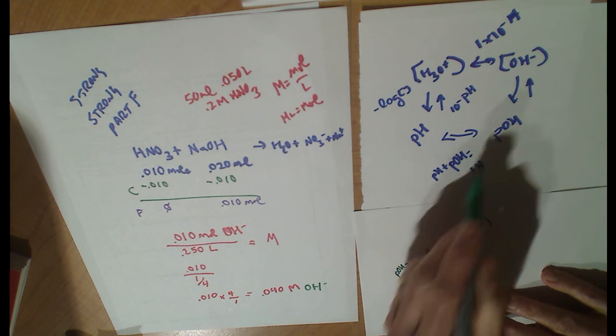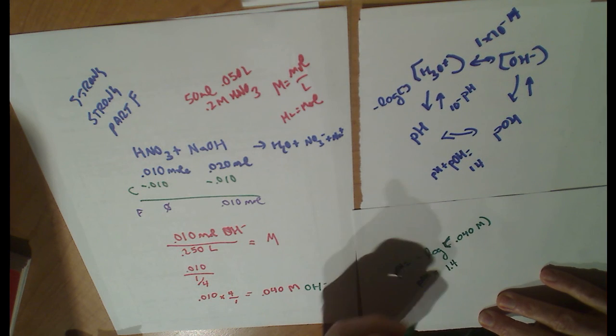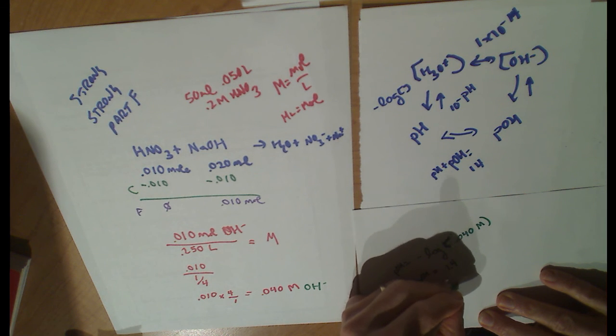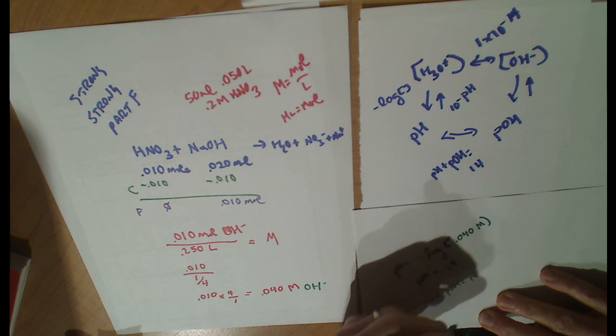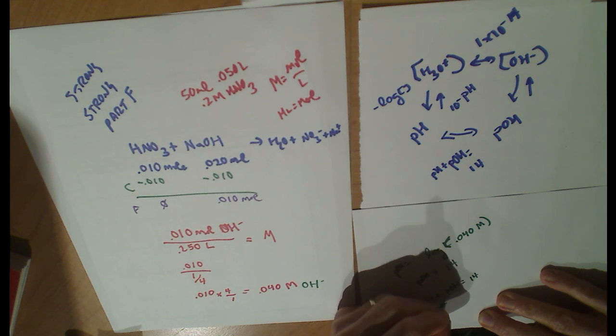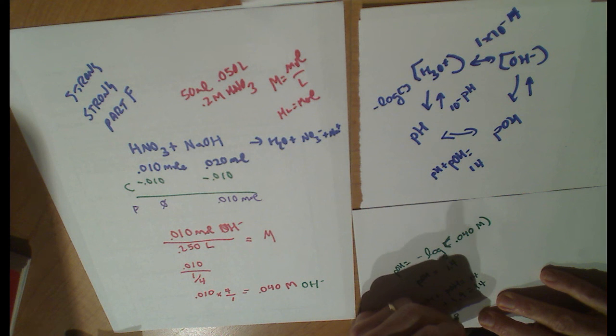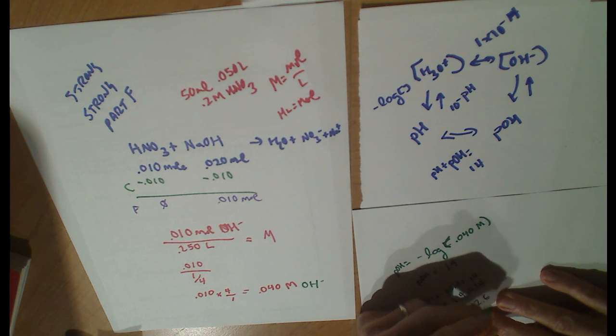Now I'll use this piece of the road here, and pH plus pOH equals 14, so x plus 1.4 equals 14, or the pH is equal to 12.6.